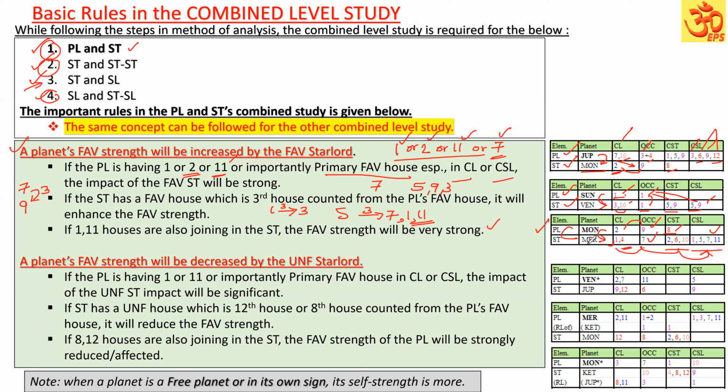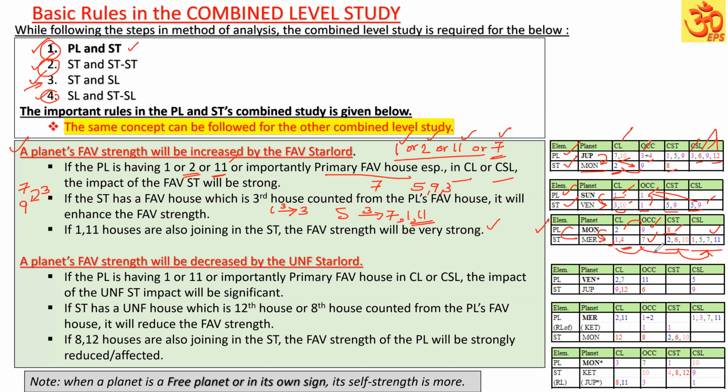So this combined level also will be strong. Here, no unfavorable houses are strongly present in CL or OCC, and only in CST it is there. So that planet will get some impact through the star lord, but that favorable combined level is going to be strong.